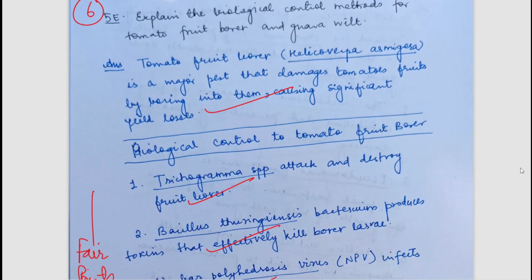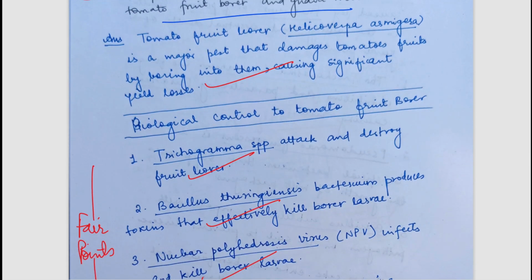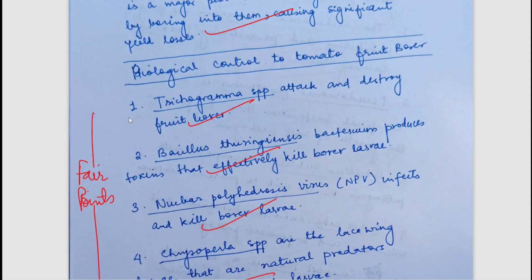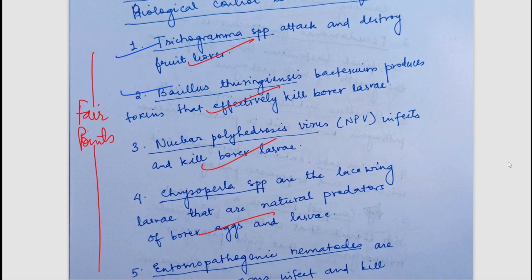Next question is, explain the biological control methods of tomato fruit borer and guava wilt. So in biological control method, generally we use living organisms for treating anything. For example, here we have to control the tomato fruit borer and guava wilt. For tomato fruit borer, we can use Trichogramma species. BT can be used, that is Bacillus thuringiensis. It is also used in cotton, Bt cotton we all know.